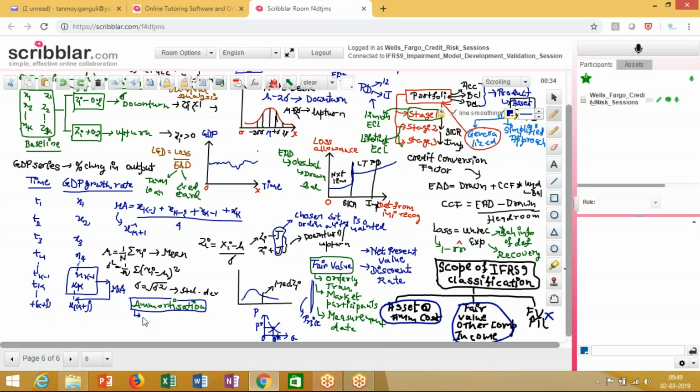So over here, first of all, how do we define amortization, or how do we talk about amortization? First of all, this is the depreciation equivalent of intangible assets.